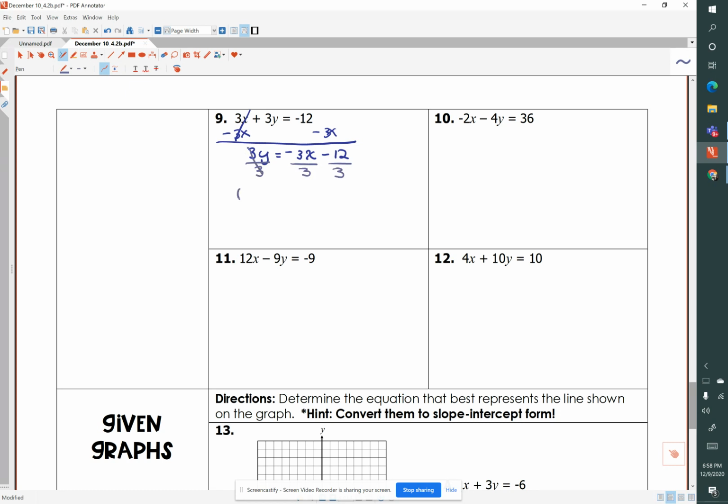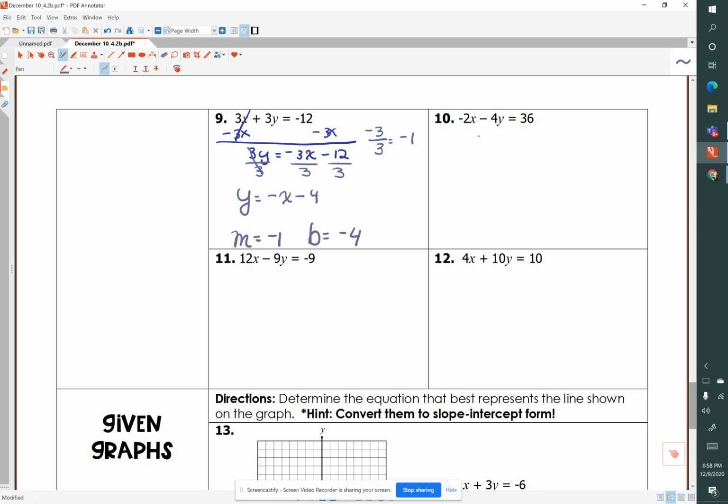And that leaves us with y equals negative 3 divided by positive 3, which equals negative 1. That will become an invisible 1. So y will equal negative x minus 4. Our m value is then negative 1, and our b value is negative 4.